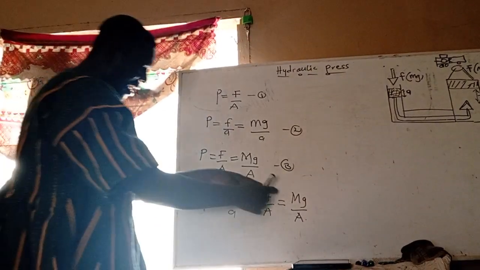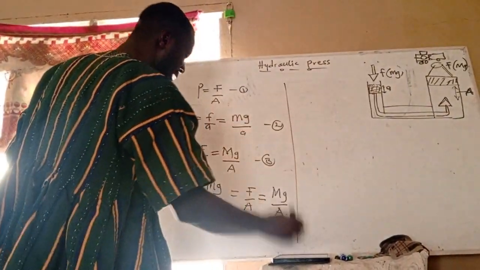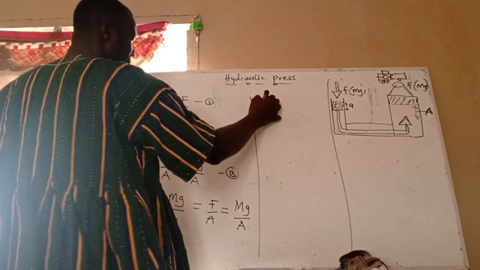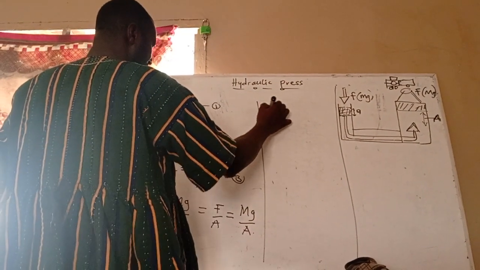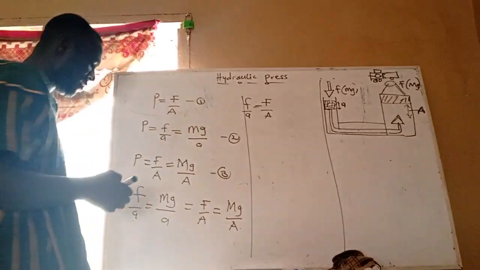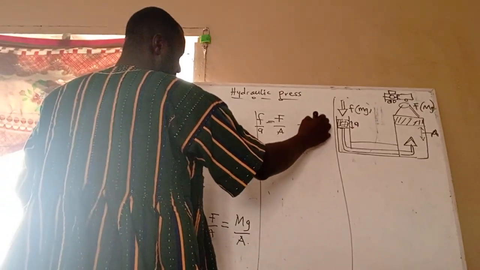So we can have small f over small a, which is equal to capital F over capital A. This is equation 4.